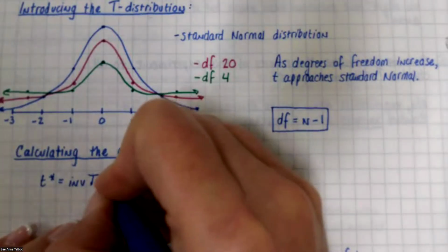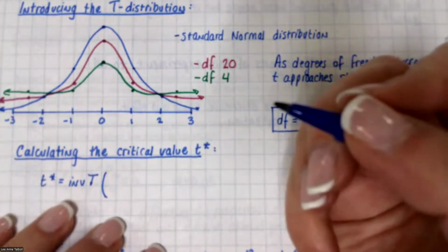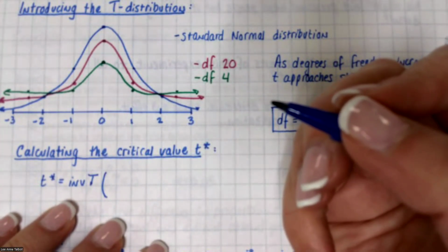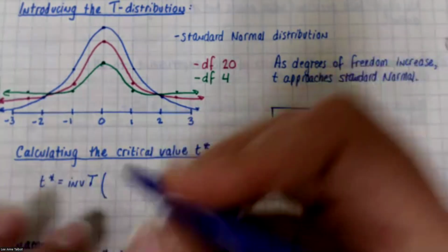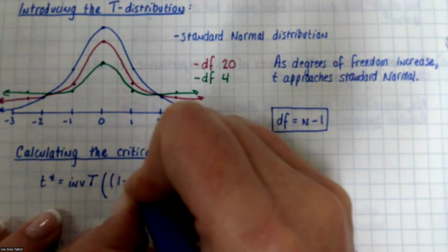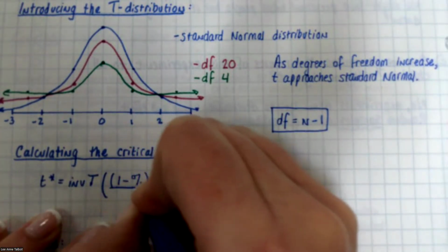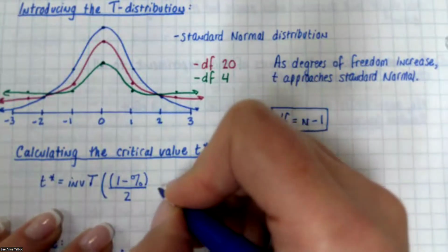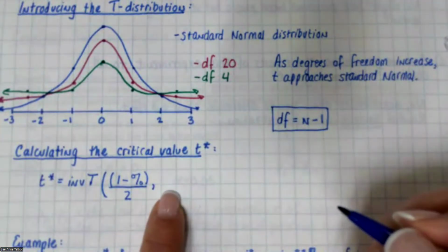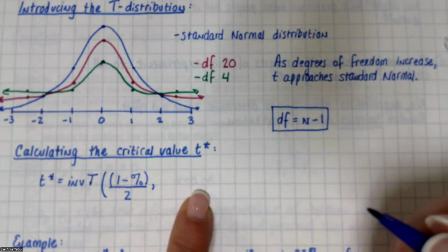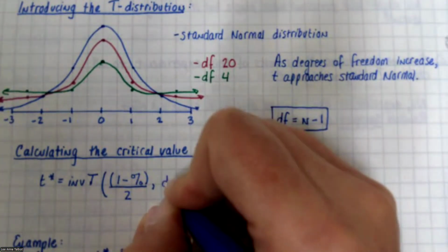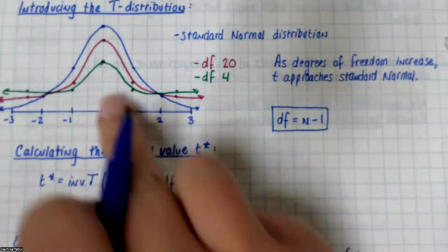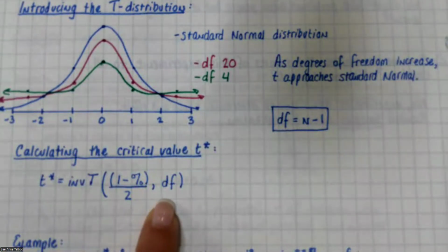Do you guys remember what we would type in to find Z star? 1 minus percent confidence divided by 2. And then for proportions, we would put 0, 1, remember? But for us in this problem instead, we're going to put degrees of freedom because that's what determines how close to the standard normal curve you're going to be.